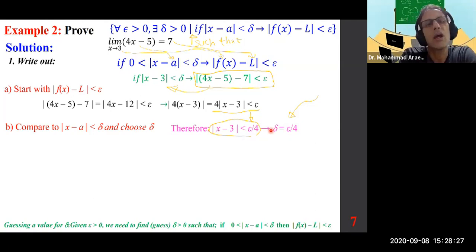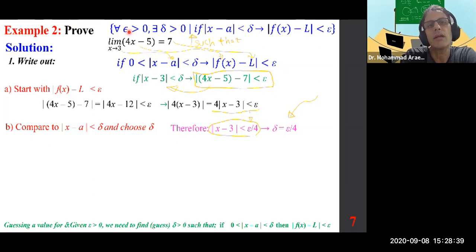That's what it says. Whatever the choice of epsilon is, there is a delta. So whatever the choice of epsilon, you have to figure out their relationship. The relationship is that epsilon divided by 4 is equal to delta. This is the relationship you figure out. Practically, you're done. We work our way back.